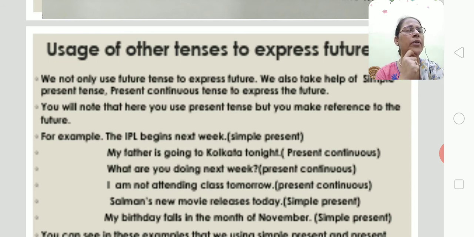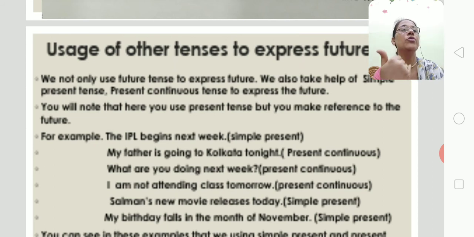For example, my papa is going to Calcutta tonight. My husband is returning from Calcutta tonight. So, what am I saying? My husband is returning. Is returning is what? Is is present tense, returning is the continuous form. Present continuous.